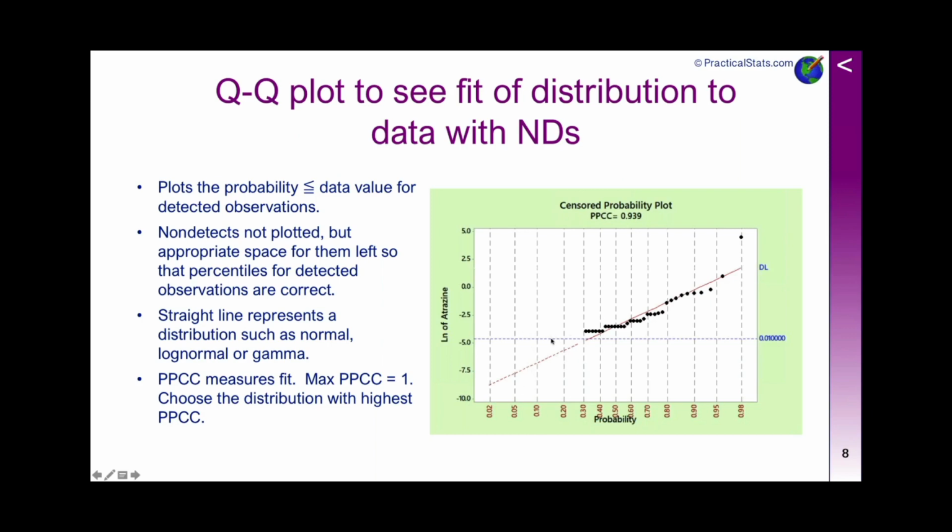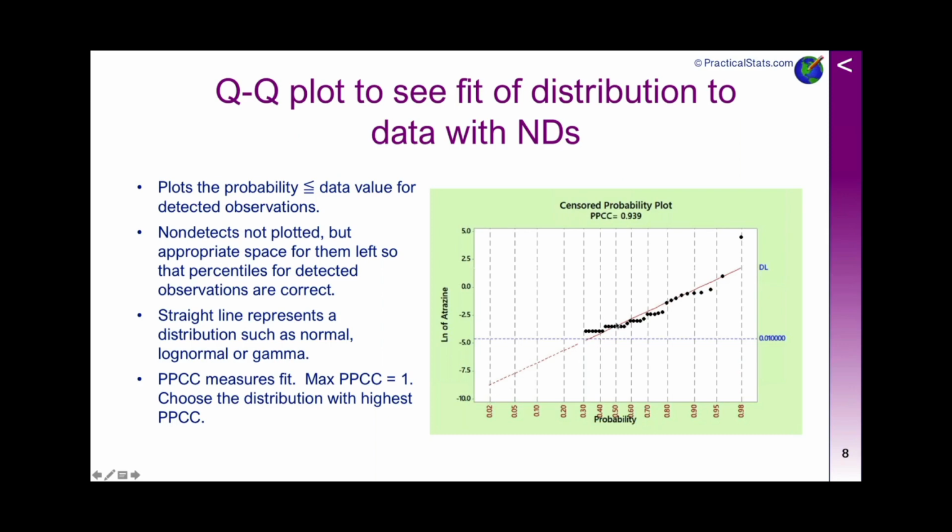They are not shown, but what they are represented by is the space here, the percentages that they possess in the data set. So this 30% means that the percentiles for all of the detected values, which are plotted as black dots here, are shown correctly. And the lowest detected value is a little bit above the 30th percentile.